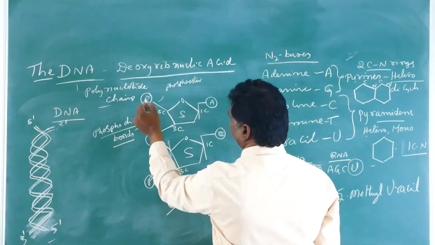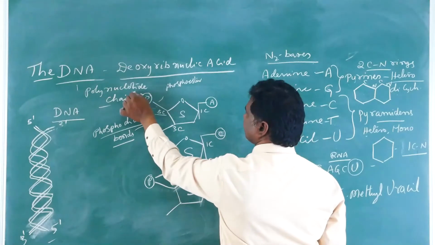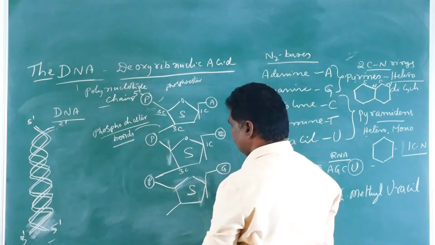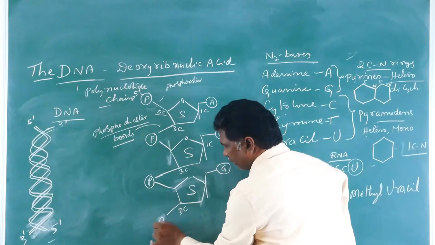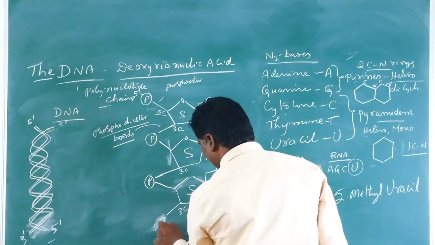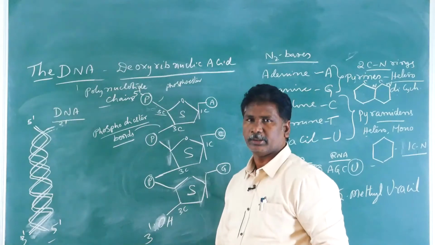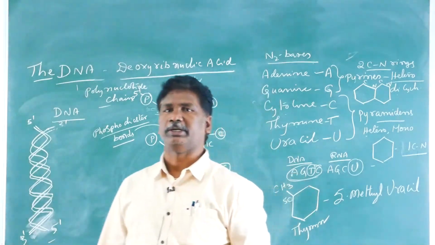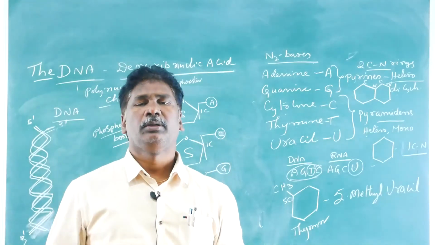On this side, the fifth carbon always has a phosphate. This end is called the 5' end. On the third carbon, a free OH is always present, so this end is called the 3' end. So the polynucleotide chain has two ends, the 5' end and the 3' end.